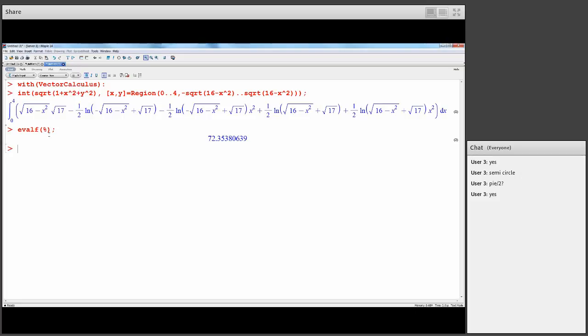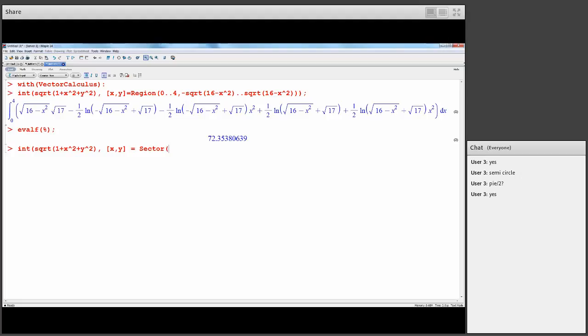You can get it to do it using polar coordinates, so you can integrate x squared plus y squared, and you're going x and y. You can say it's a bit of a circle, so it's a sector, I think is the word.